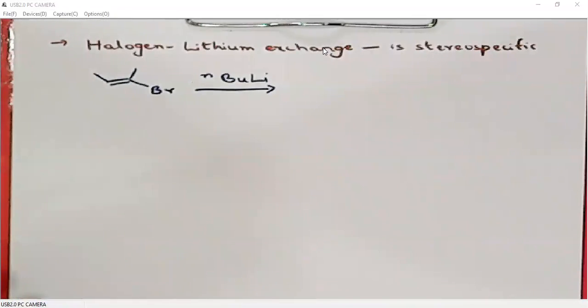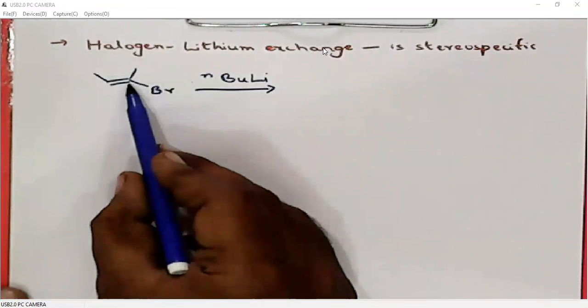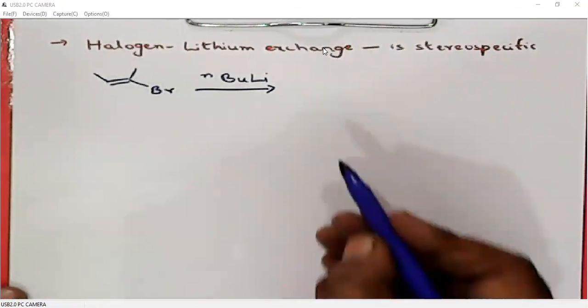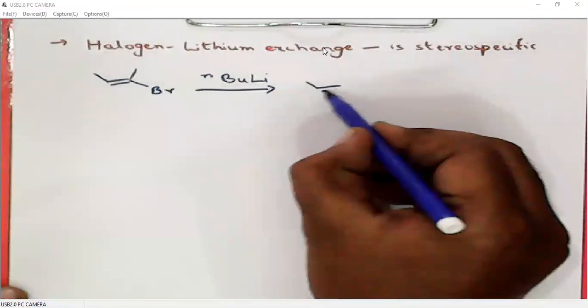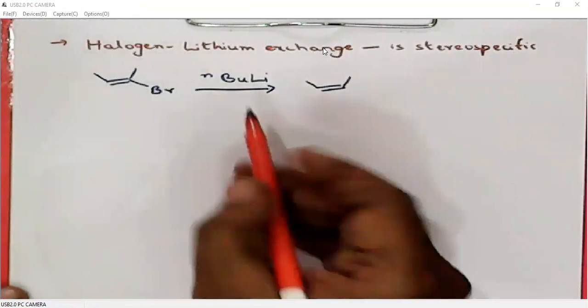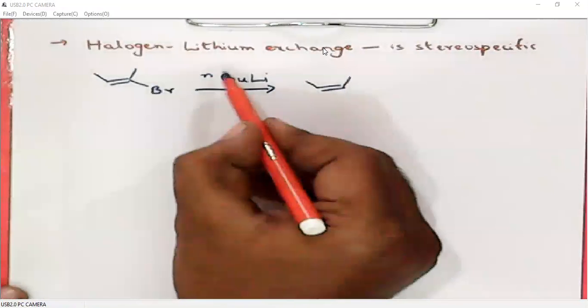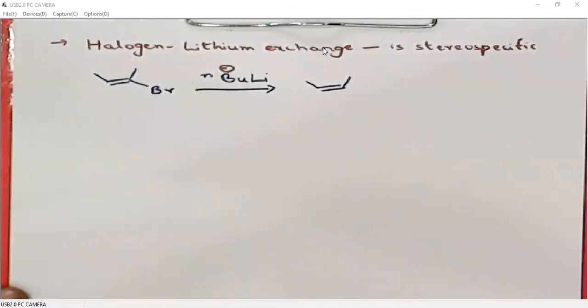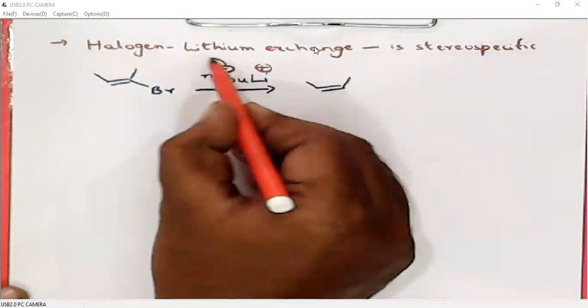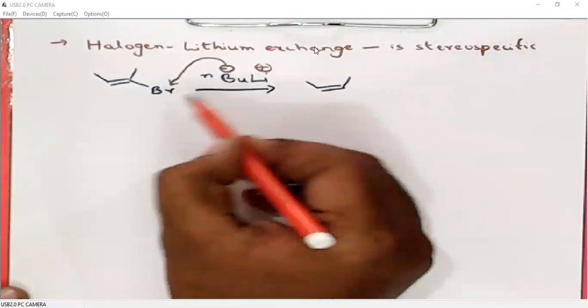When we treat a halogen on an sp2 hybridized carbon with n-butyl lithium, then it will undergo a halogen lithium exchange reaction like this. Alkyl anion will attack on halogen so that it will take the halogen.